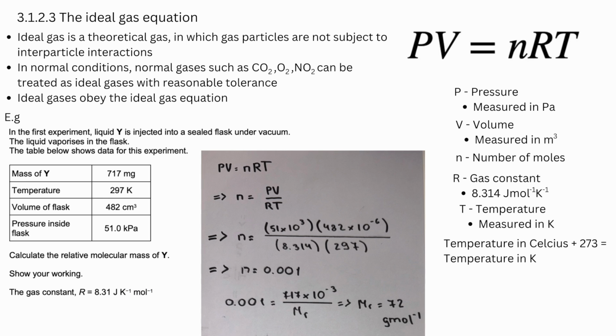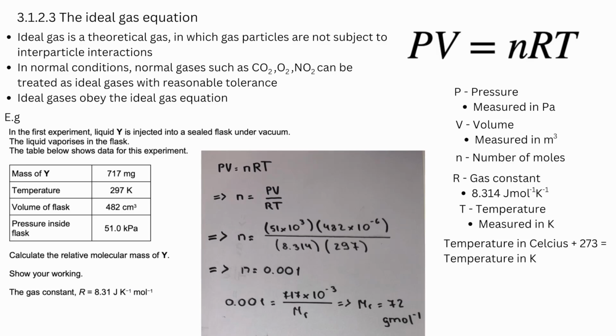Moving on, we have the ideal gas law. In IGCSE, you must have come across the fact that at room temperature and pressure, a mole of gas occupies 24 decimeter cubed volume. The ideal gas law is an extension of that rule, because using it, you can calculate the volume of the gas at any temperature and pressure. I am saying ideal gas law because it can only be applied to ideal gases. What is an ideal gas, you might ask?